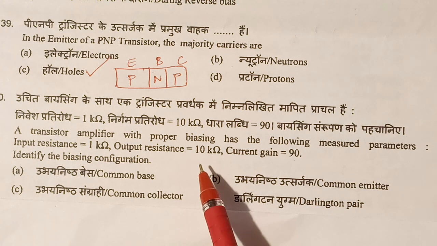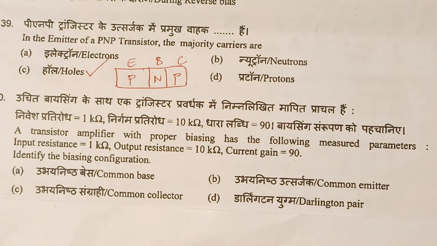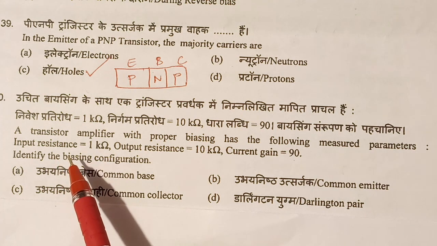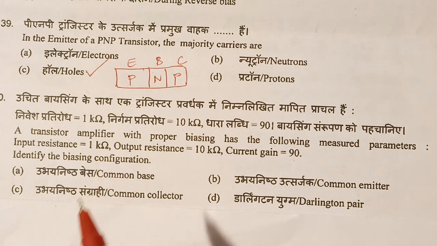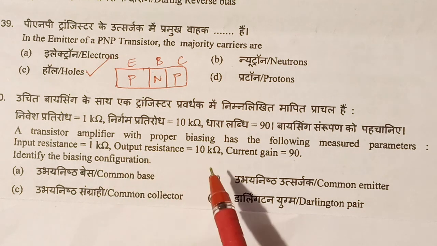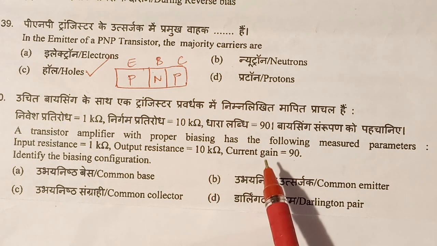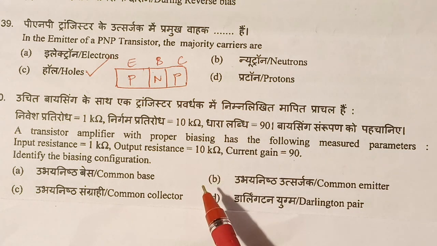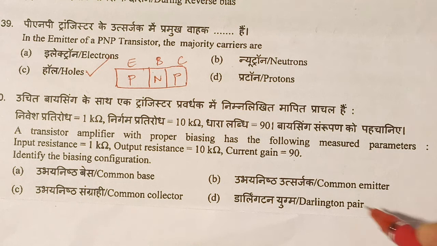Output resistance is also a medium value. Current gain is almost 90, which is the beta of the transistor. This looks like a common emitter configuration, which has moderate input and output resistance and a current gain of nearly 100. So the answer is option B, common emitter.